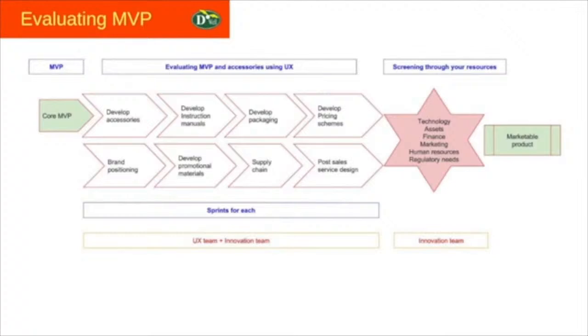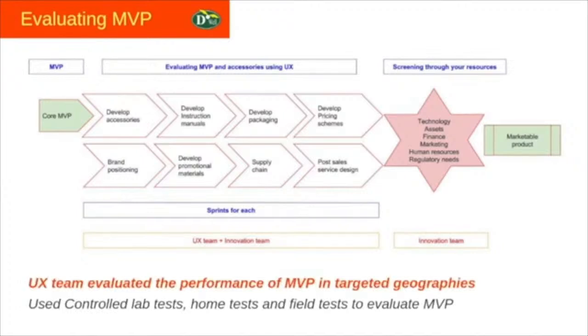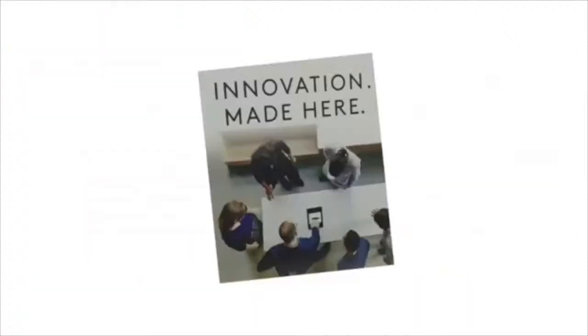The UX team and the innovation team together will do the sprints, and the innovation team will again go through the resources of the client. The UX team evaluates the performance of the MVP, then controlled lab test, home test and field test to evaluate the MVP. Then launch the product. The entire process took around 5 months to develop this app, then launch.